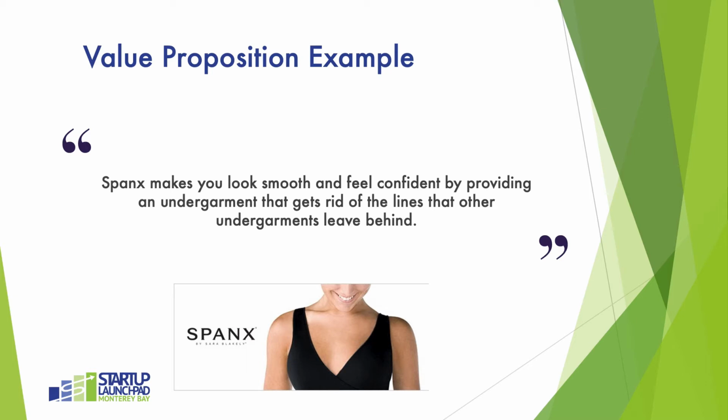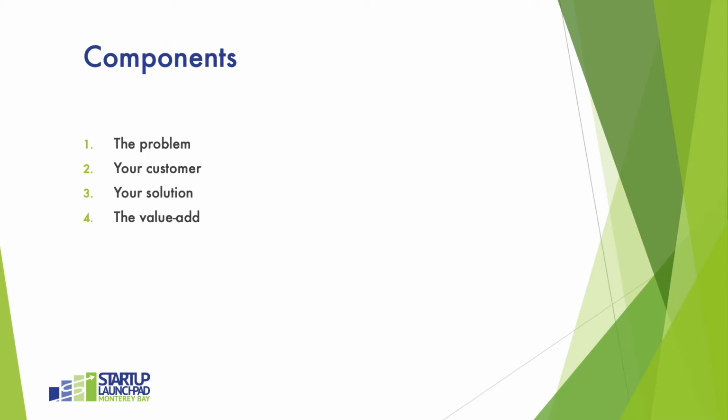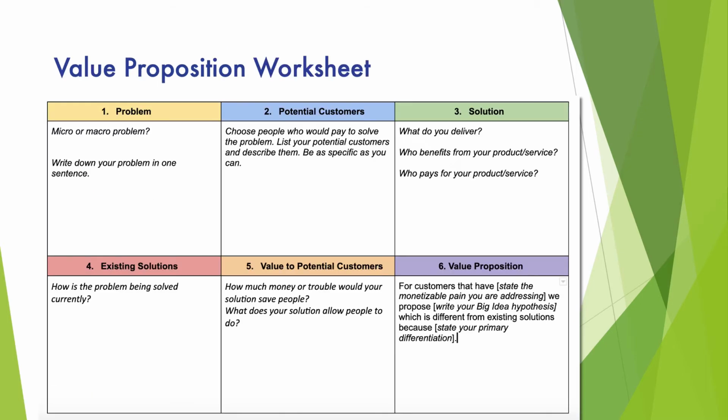Spanx makes you look smooth and feel confident by providing an undergarment that gets rid of the lines that other undergarments leave behind. The 4 steps to creating your value proposition statement are identifying a problem, identifying a customer or set of customers, selecting a solution, and estimating how much value your solution produces.